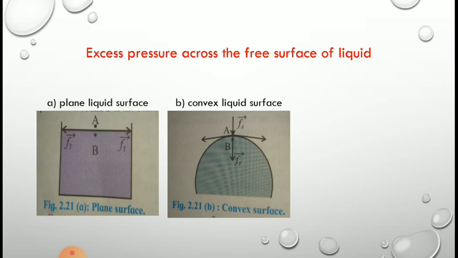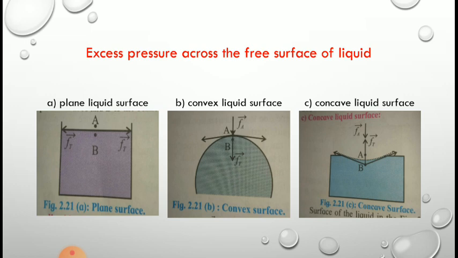So, for convex surface, the pressure inside the liquid is greater than that on the convex side, that is outside the liquid. Now, if we consider the third figure, which is concave liquid surface. For concave liquid surface, here in this diagram, the liquid surface is upper concave.